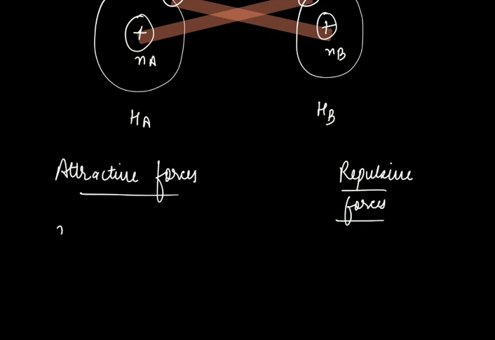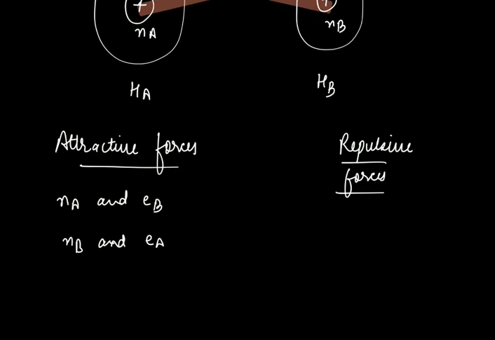Attractive forces will be between Na and Eb, and between Nb and Ea, so opposite charges. Then repulsive forces will be between like charges, so between both the electrons Ea and Eb, and between nucleus B and nucleus A.